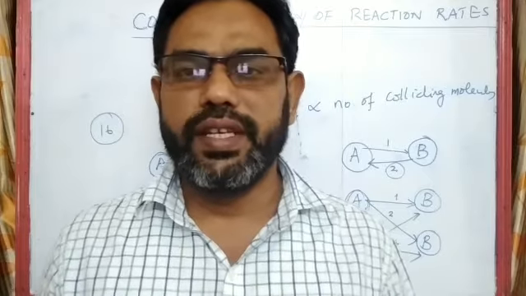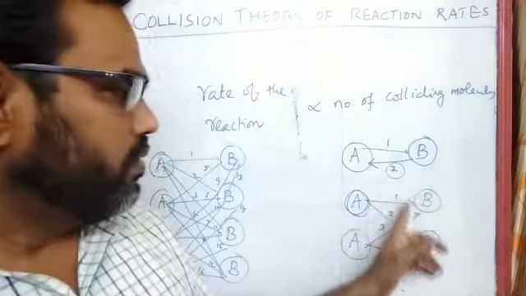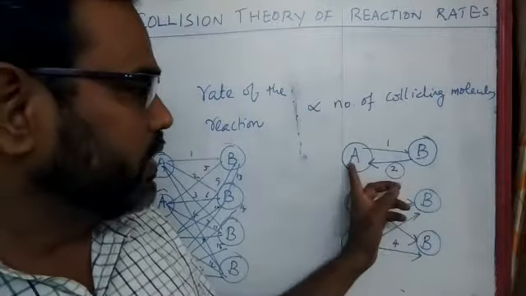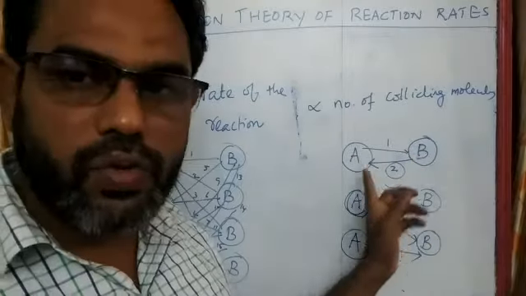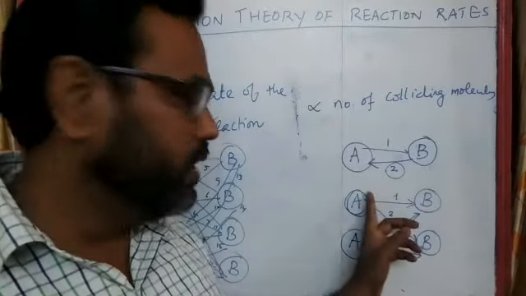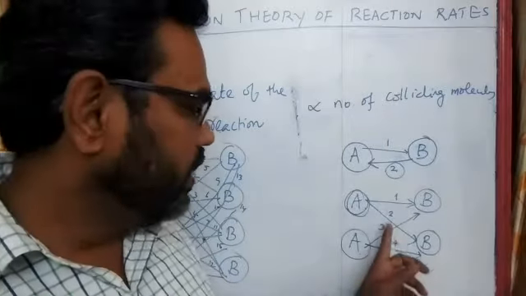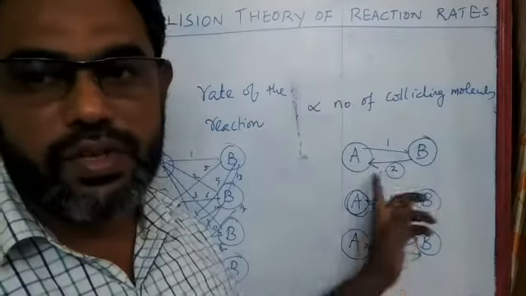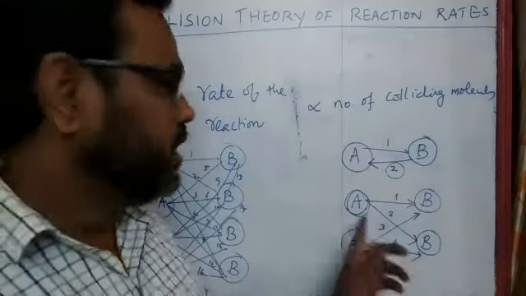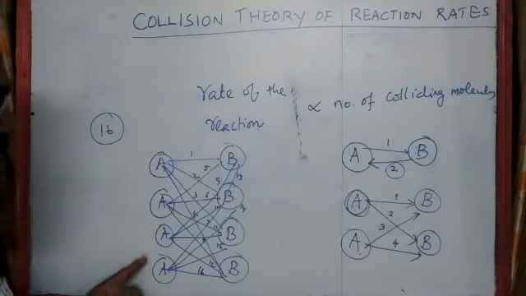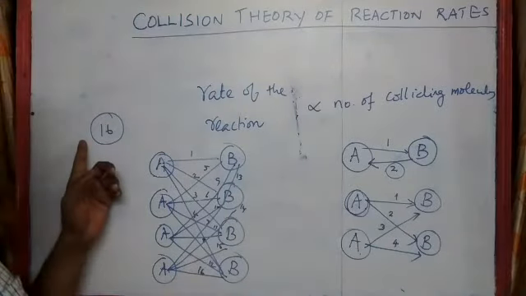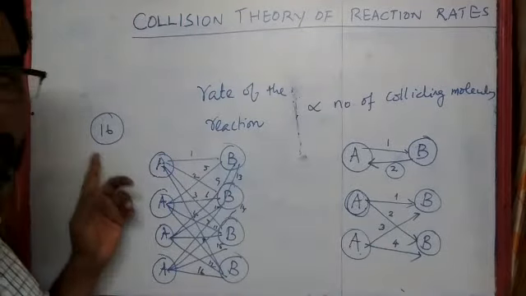So what we are seeing is, as the number of molecules increases, when there is only one A and one B, there are 2 possible ways of collision. When there are 2 molecules of A and 2 molecules of B, there are 4 possible ways of collision between the molecules. If there are 4 molecules of A and 4 molecules of B, there are 16 probable ways of collision.